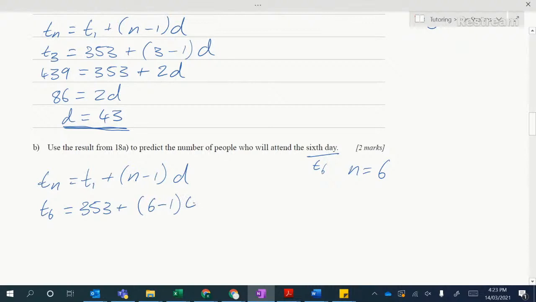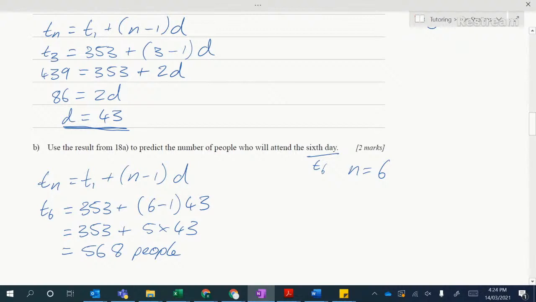And our common difference is 43. Couple that into your calculator, and you get 568 people.